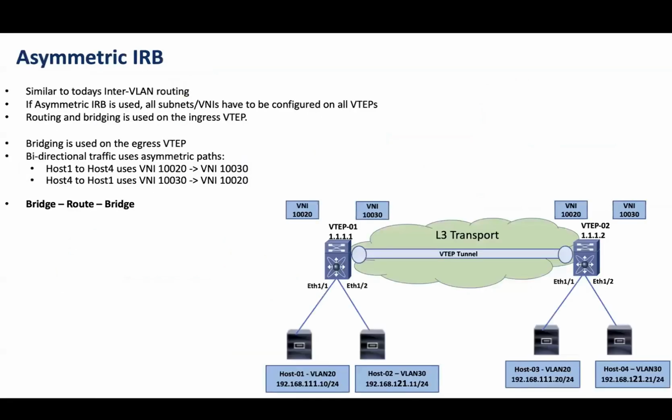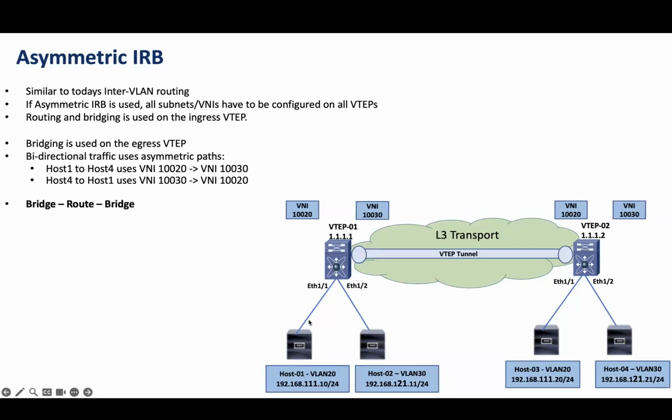Let's start with asymmetric IRB. Please pause the video and have a look at this topology. In asymmetric IRB, ingress VTEP will perform both layer 2 bridging lookup and layer 3 routing lookup. Egress VTEP will only perform layer 2 bridging lookup. Okay, let's understand this with an example.